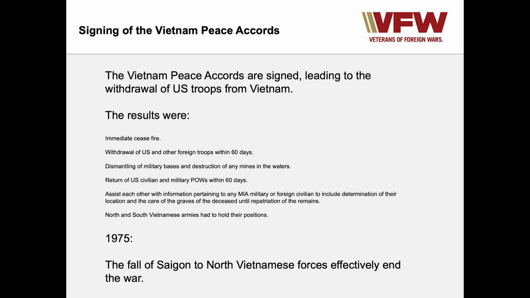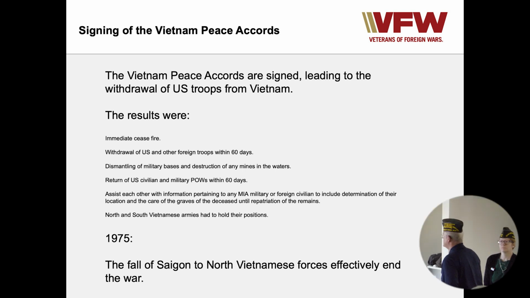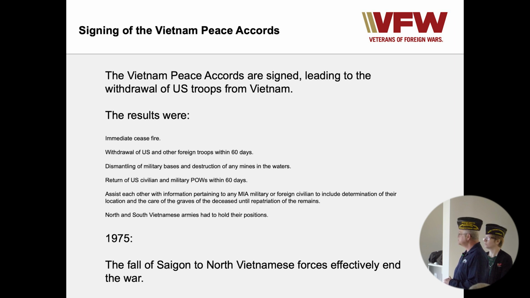Now that the Vietnam Peace Accords have been signed, this will lead to the withdrawal of U.S. troops from Vietnam. The results were to be immediate ceasefire, withdrawal of U.S. and other military troops within 60 days, dismantling of military bases and destruction of any mines in the waters.